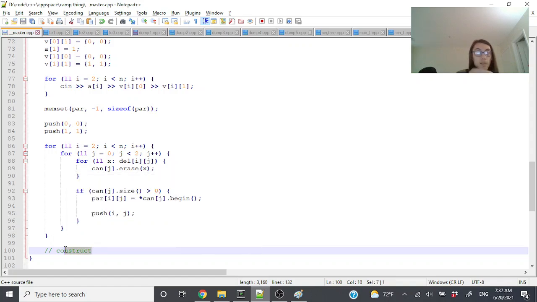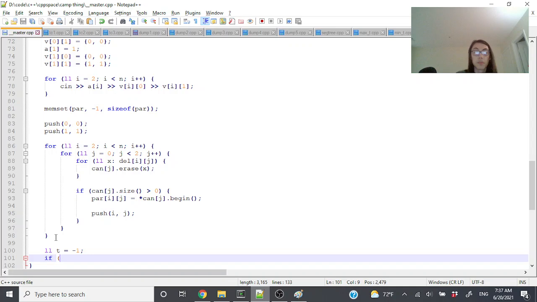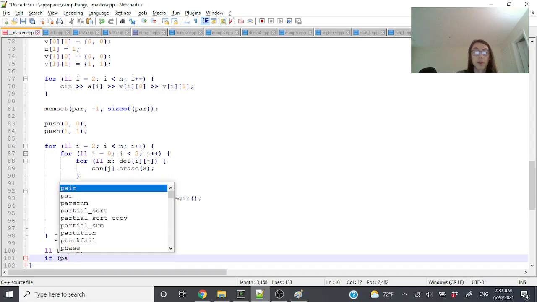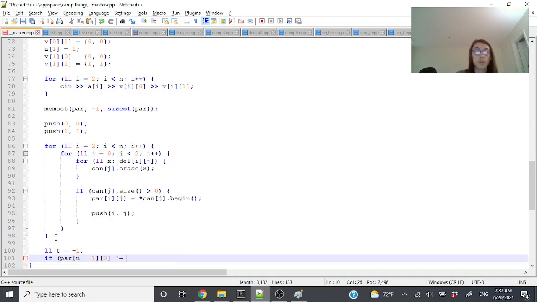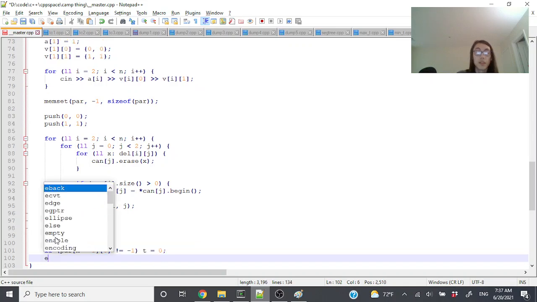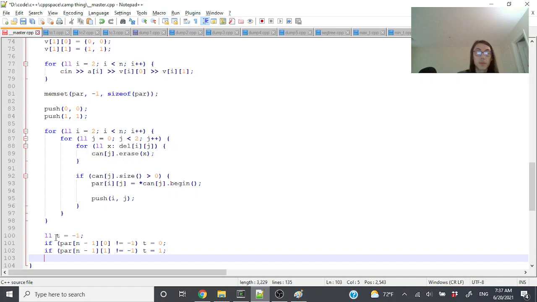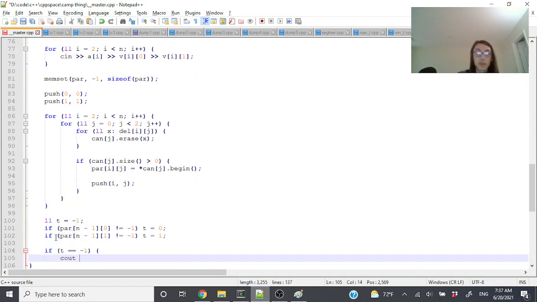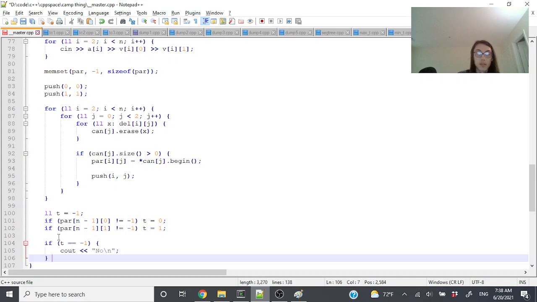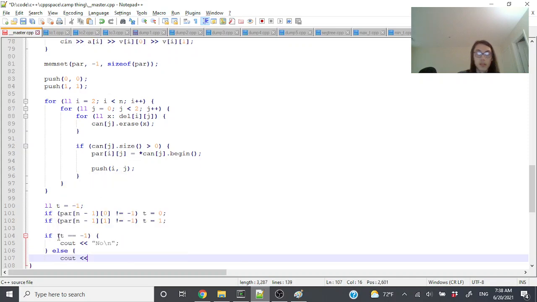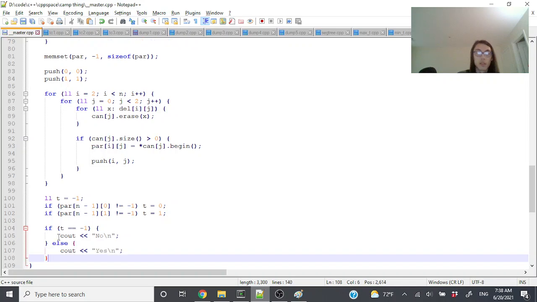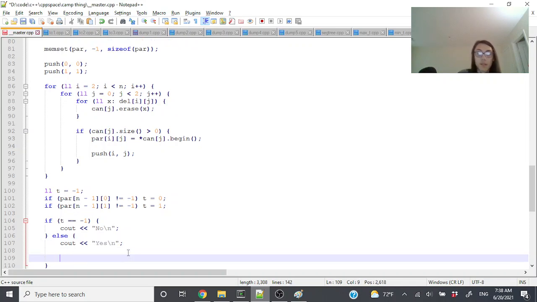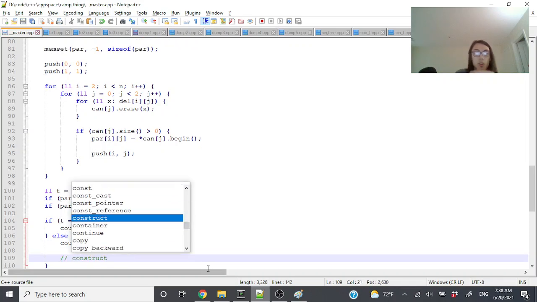Construct. Well, t is equal to -1. If par m minus 1 0 is not equal to -1, t is equal to 0. If par m minus 1 1 is not equal to -1, t equals 1. If t is equal to -1, okay. Construct.